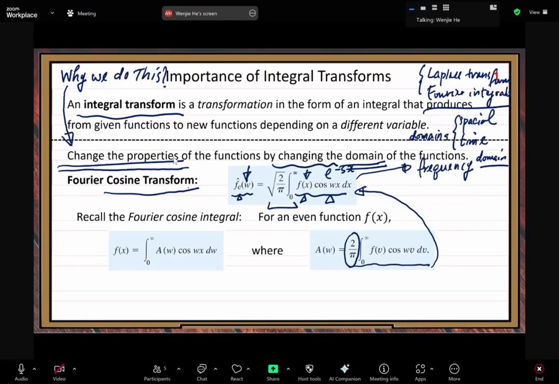But another thing we can get from the Fourier cosine integral: there are two formulas, right? Look at the two formulas. One formula is this one, another formula is this one.